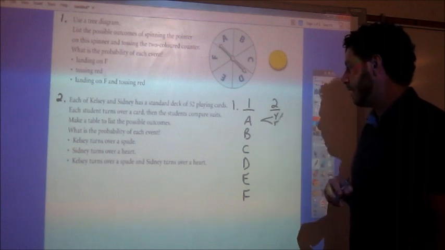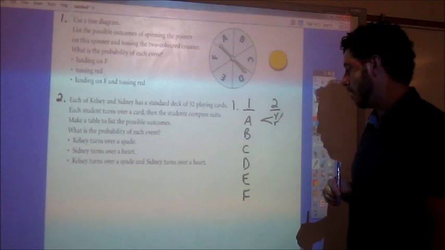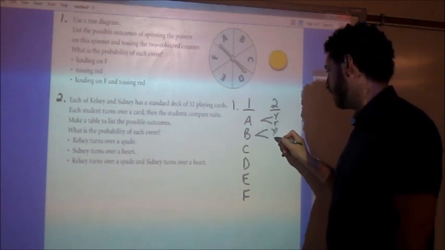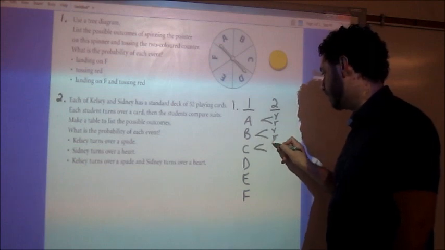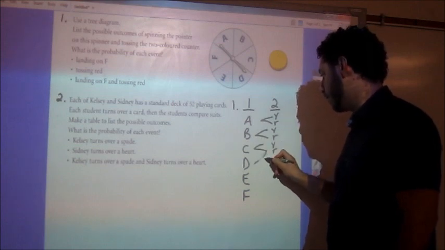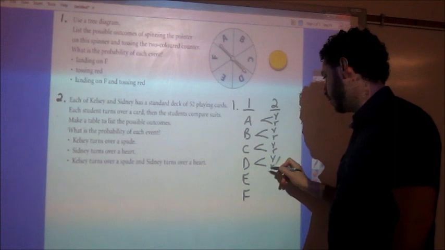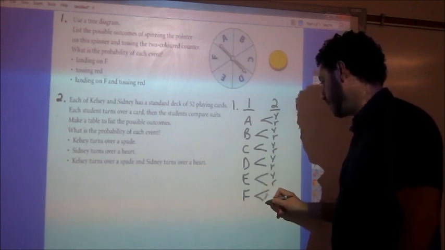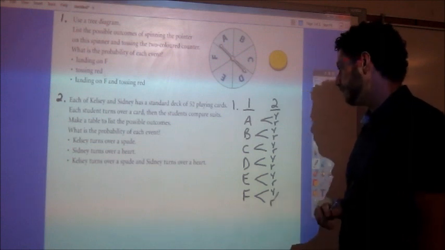So Y for the color yellow, and R for the color red. Same goes for B, so it's going to be yellow or red. Same goes for the rest of them: yellow or red, yellow or red, yellow or red, yellow or red.